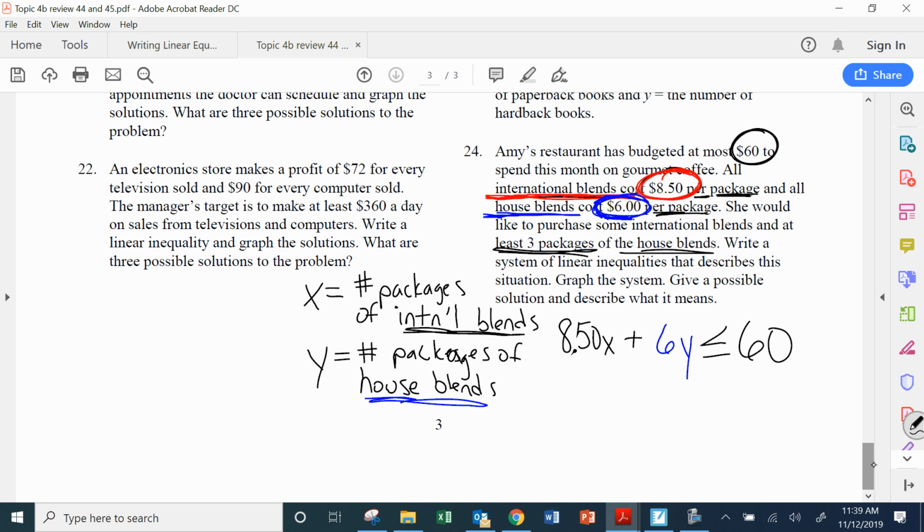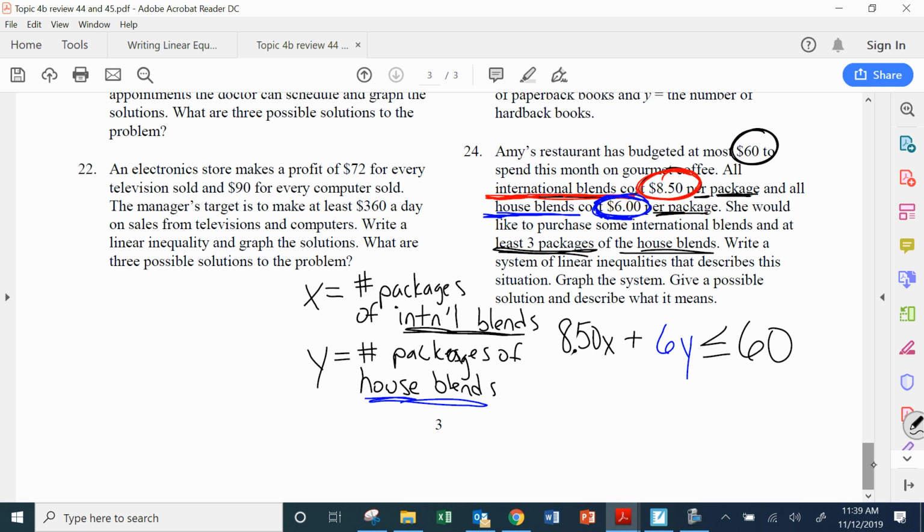It says I want some of both, so I do want some international blends, but I need at least 3 packages of house blends. This is actually not a good word problem, because technically there's a third requirement. We're not going to do 3, we're just going to do 2.